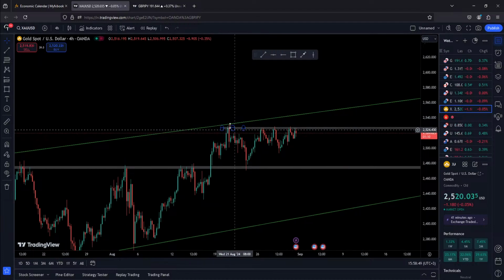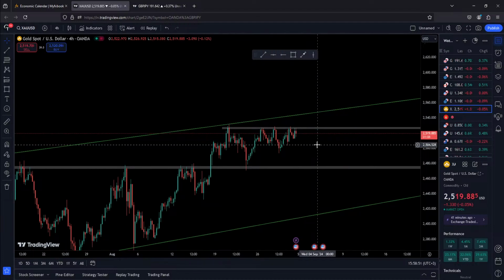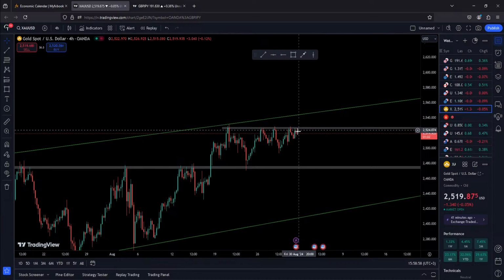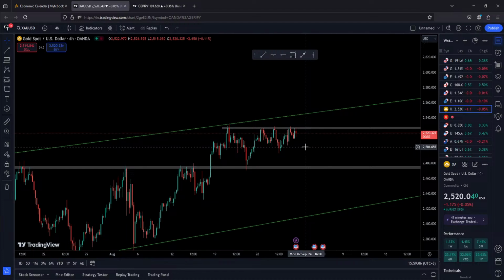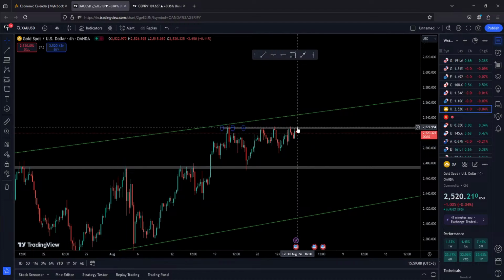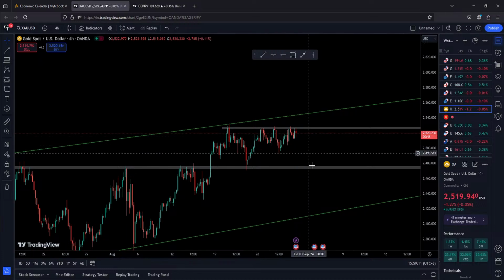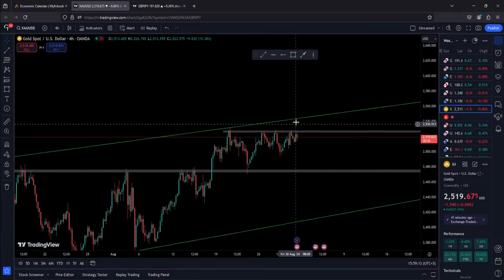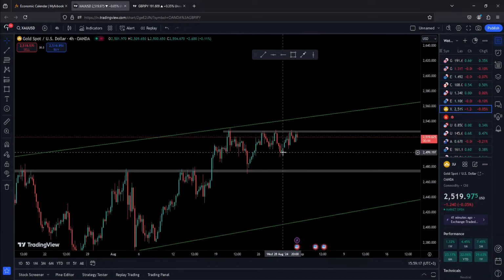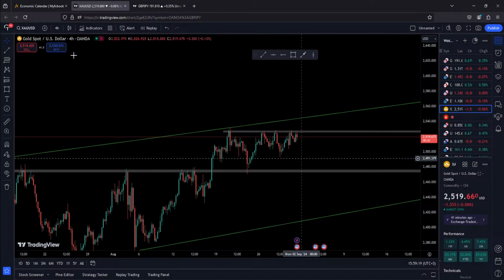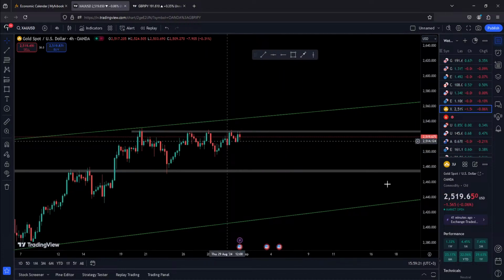So near the current price over here, which is around 2527 level, the market is testing this level again and again, but it has been failing till now to break above this level, and I think soon we might see a break above or a break below this level over here. So now I'm gonna zoom in a little bit.